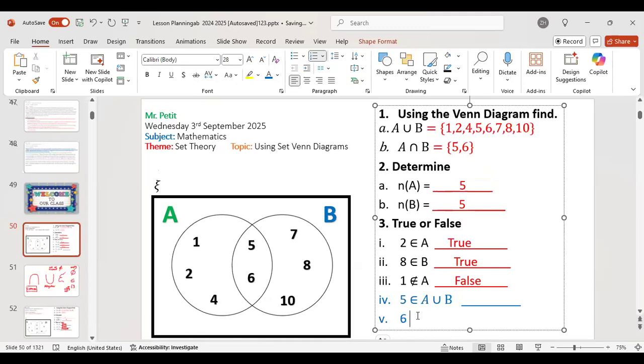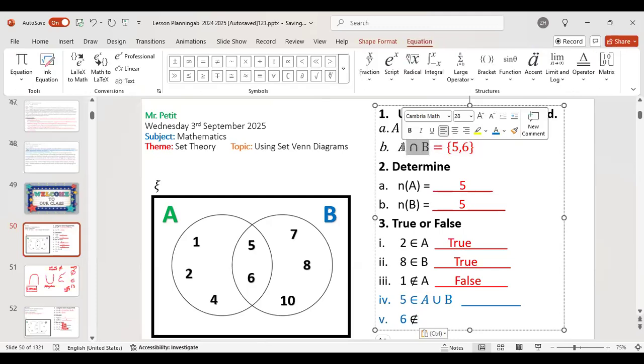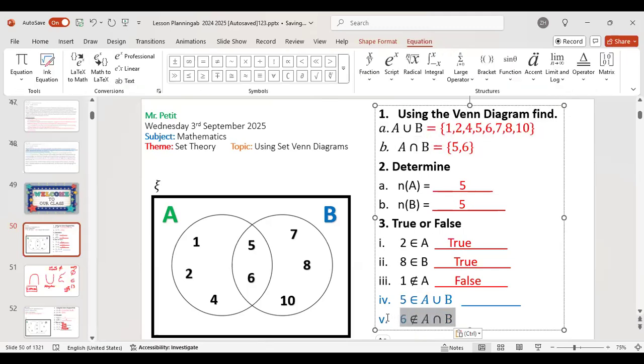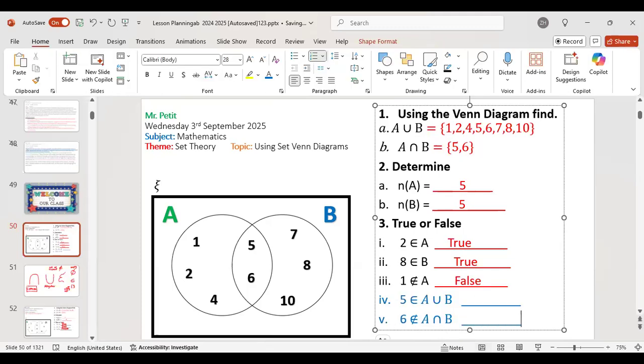6 is not an element of A intersect B. Again, these last two, put your answers in the chat.